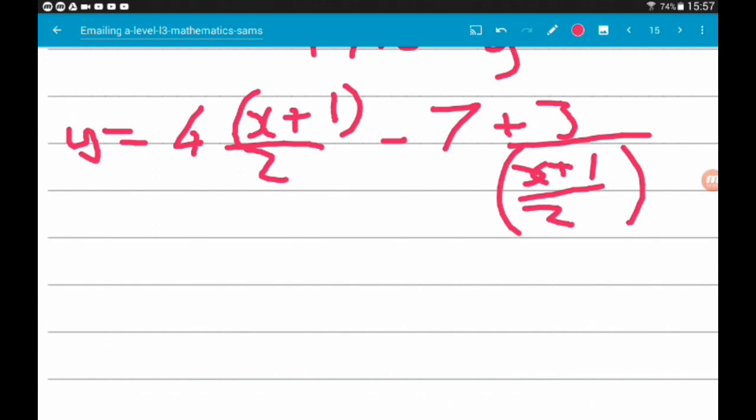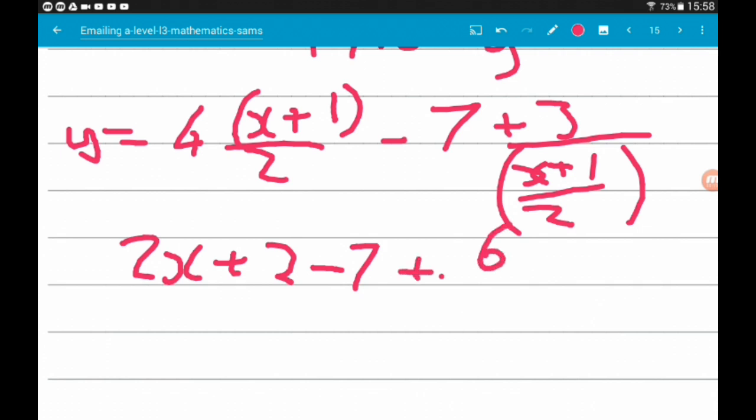So we've got 2x plus 2 minus 7. Now remember, when you divide by a fraction, you flip it over and multiply by it. So 3 over (x plus 1) over 2 becomes 6 over (x plus 1).